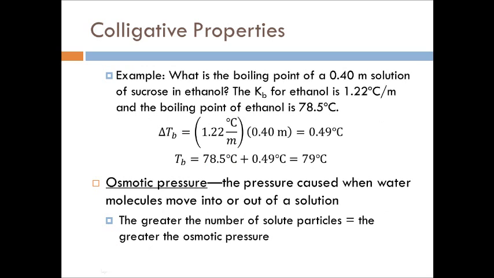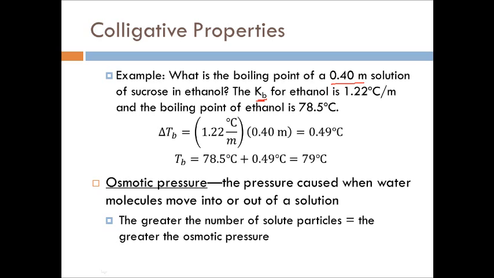All right, so let's look at an example. What is the boiling point of a 0.40 molal solution of sucrose in ethanol? The Kb for ethanol is 1.22 degrees Celsius per molal, and the boiling point of ethanol is 78.5. So, to find the change in the boiling point, we take this Kb here, and we're going to multiply it by the molality.